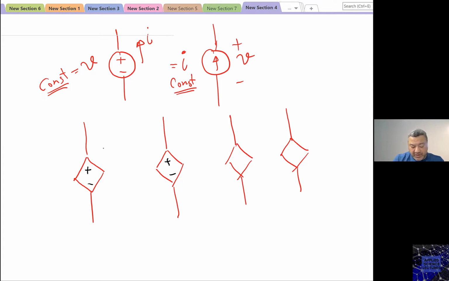The difference here is what is the value that this source depends on. If I say alpha V, and I'm calling here alpha a constant, then this is a voltage controlled voltage source.